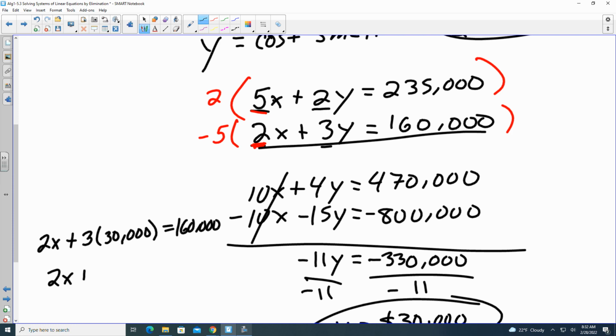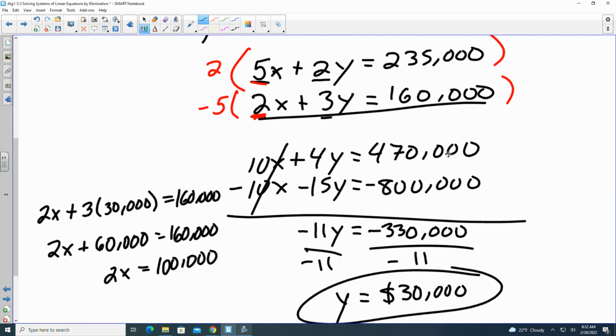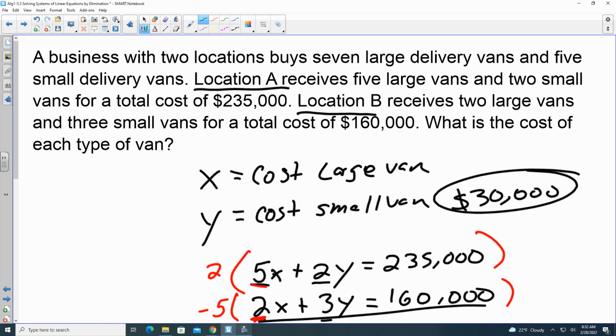So I got 2x plus 90,000 is equal to 160,000. 160,000 subtracted by 90,000 gives me 70,000. Divide that by 2. That means that x is going to be equal to $35,000. So the large van is $35,000 and the small van is $30,000.